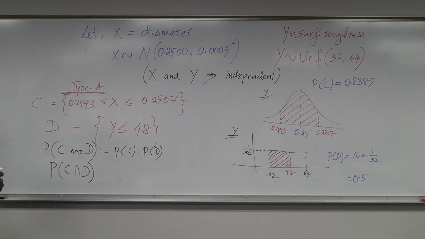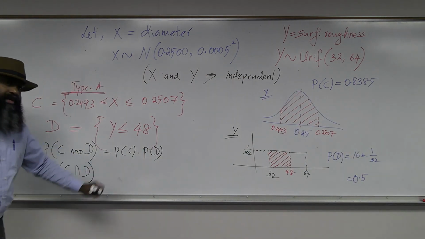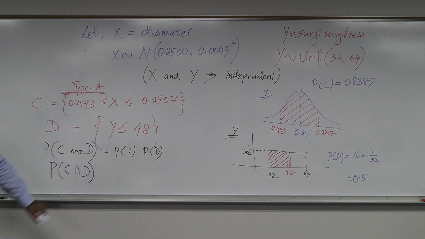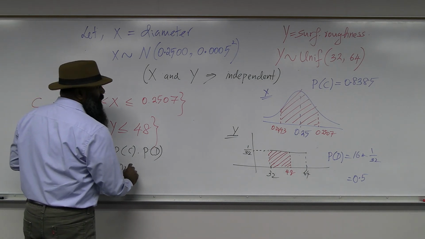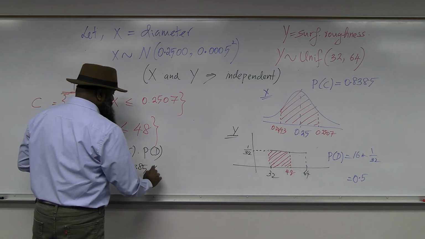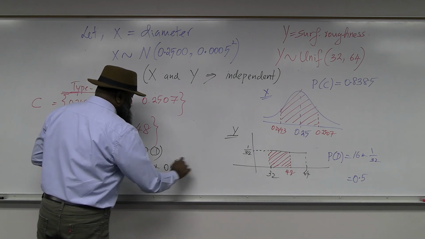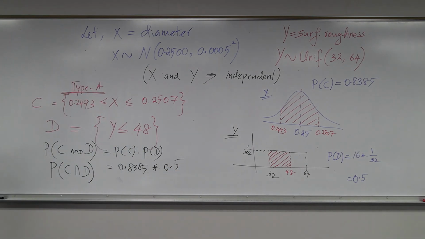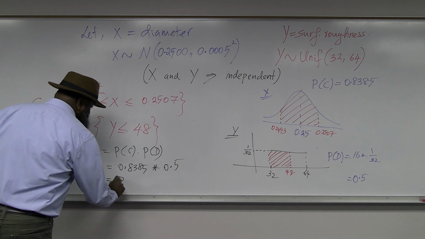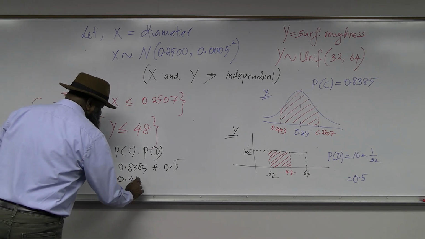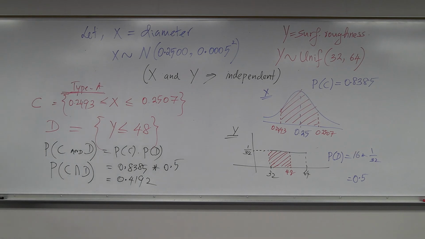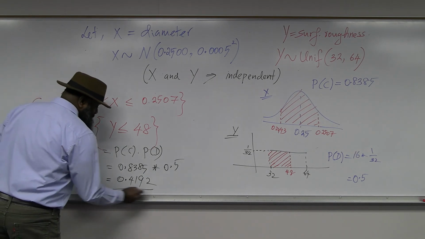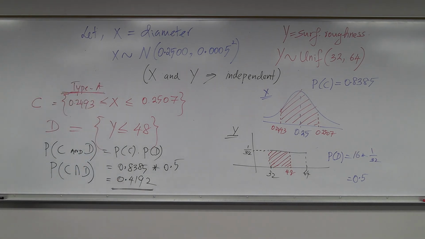And then I can easily plug in those two values in this equation and find the required probability, C and D. Okay? So probability of C is equal to 0.8385. That times probability of D, which is 0.5. Okay? So this will be simplified to 0.41925. Okay? So that's the proportion classified as type A.